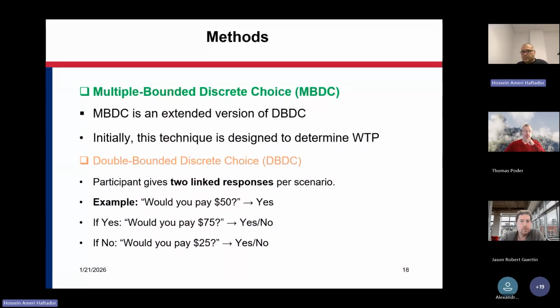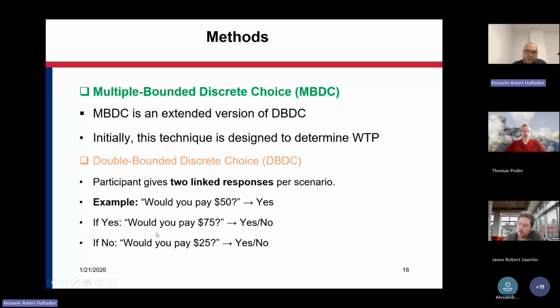Multiple bounded dichotomous choice, or discrete choice. This method is an extended version of double bounded dichotomous. This method is common among willingness to pay studies. What is double bounded dichotomous? In double bounded dichotomous, a participant gives two linked responses per question. Here is an example.